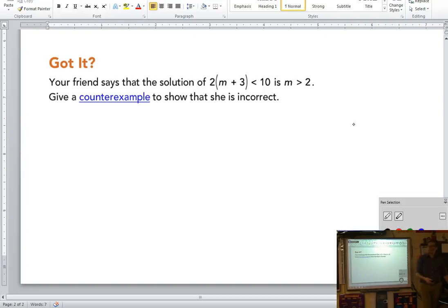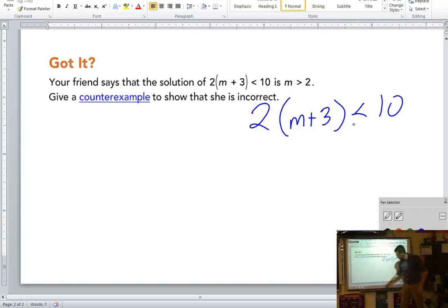So your friend says this solution is m is greater than 2. Julian, what would be the first thing that I would do to work towards solving this problem right here? Divide both sides by 2. Yeah, I can get rid of that 2 if I just divide both sides by that 2.